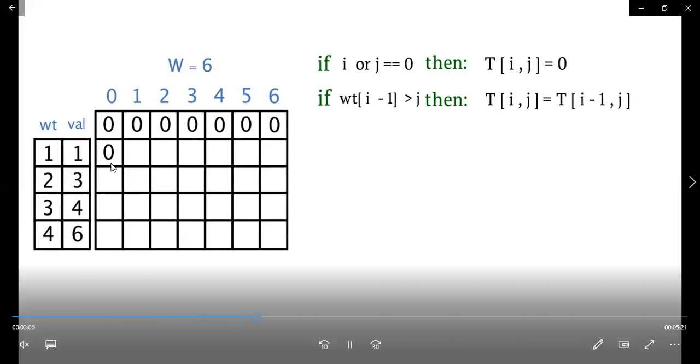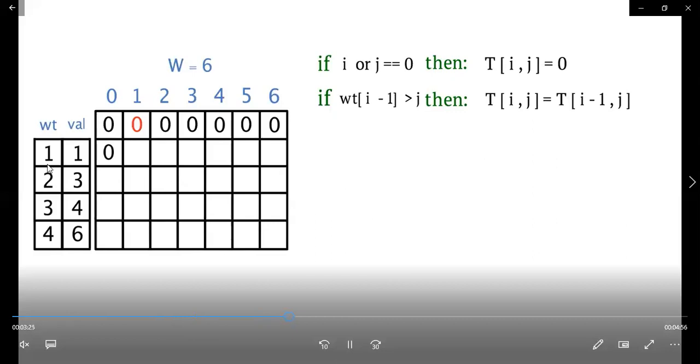So now we will be going for each row. For each row we will be seeing what is the remaining capacity. If weight of i minus 1 is greater than j, then you are just depending on t of i comma j is t of i minus 1 comma j. So what is the remaining capacity? The total capacity is 6.